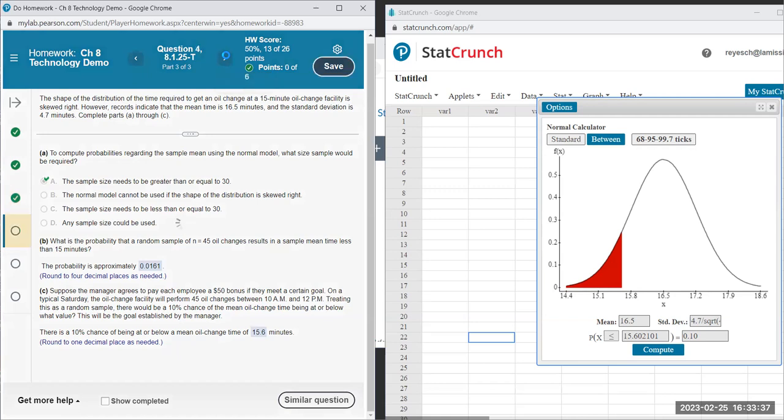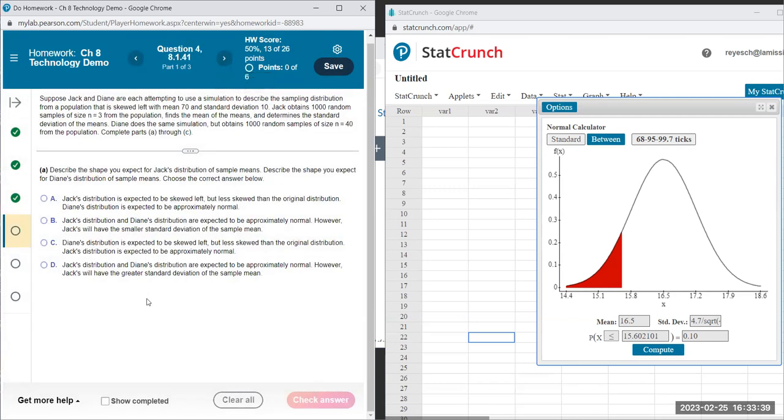Suppose Jack and Diane are each attempting to use a simulation to describe the sampling distribution from a population that was originally skewed left with a mean of 70 and a standard deviation of 10.